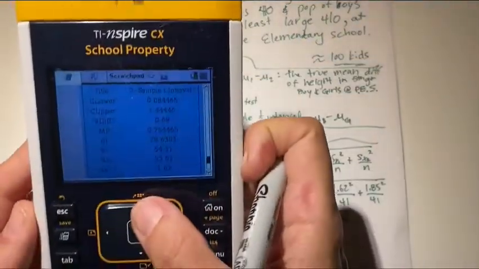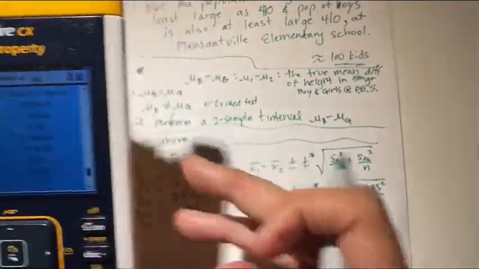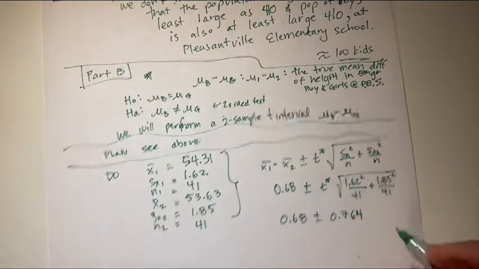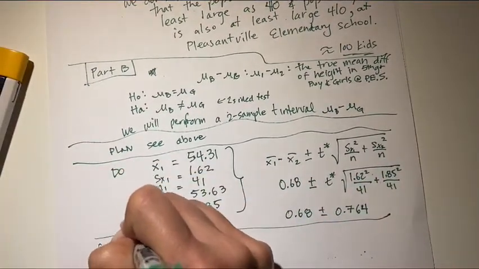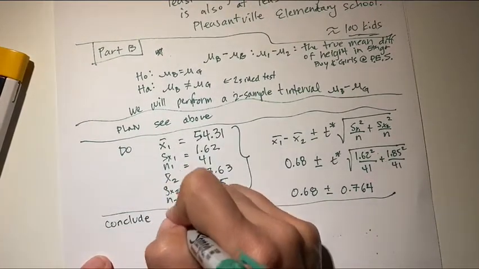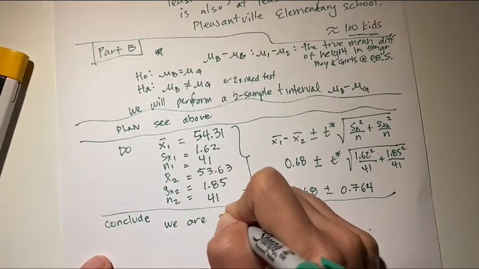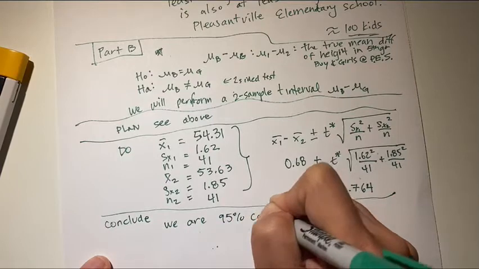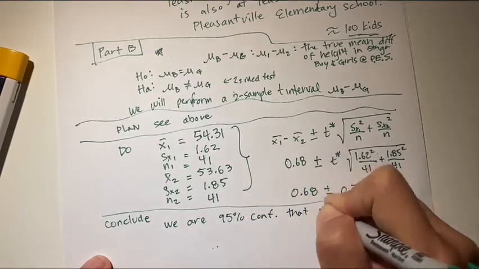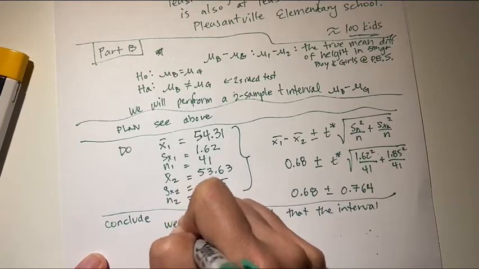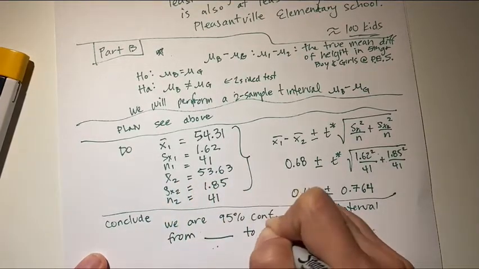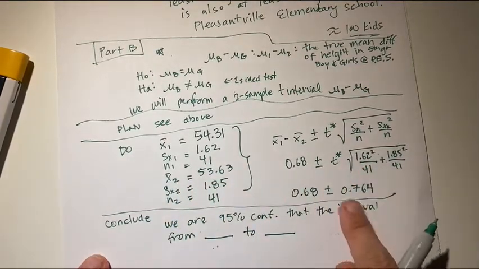So what confidence interval do we get? So I see here, I'm pretty much done. I just got my conclude. We are 95% confident that the interval from, so let's get this from this question.